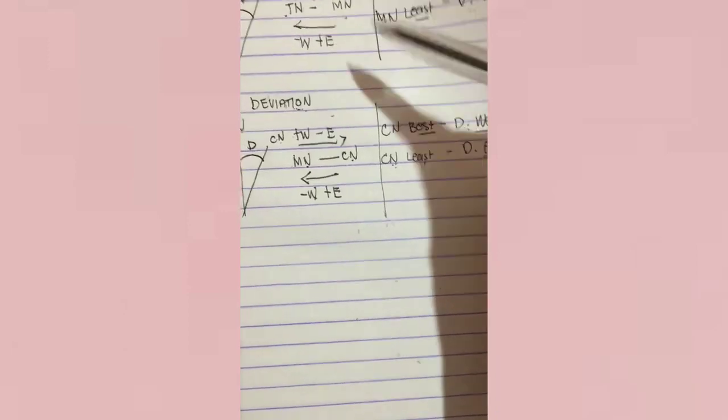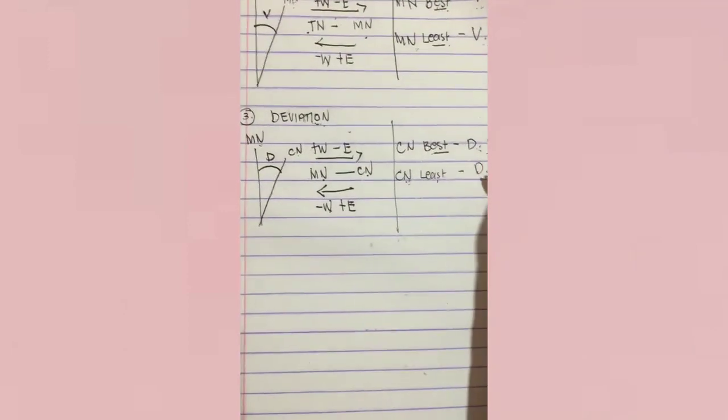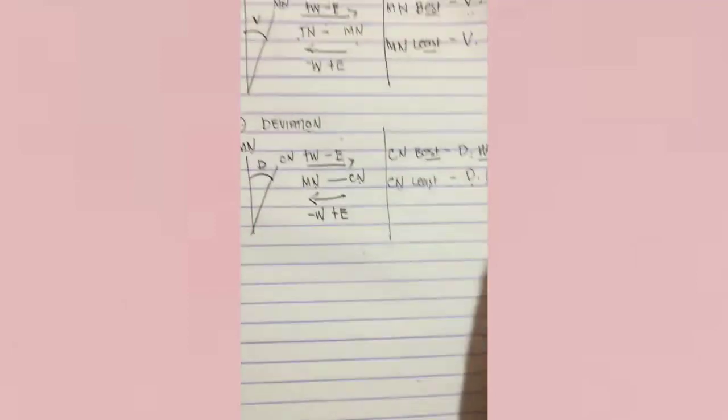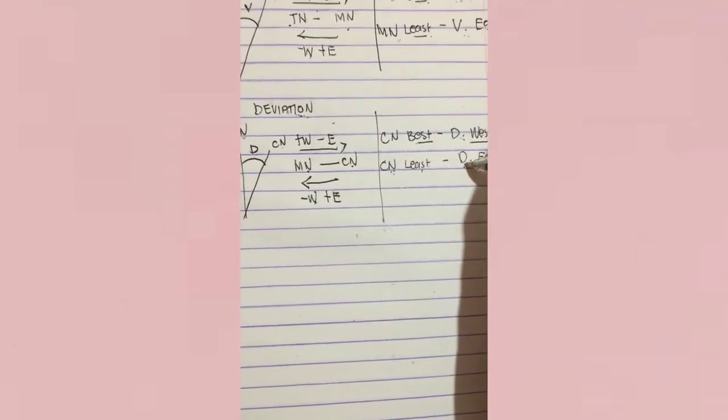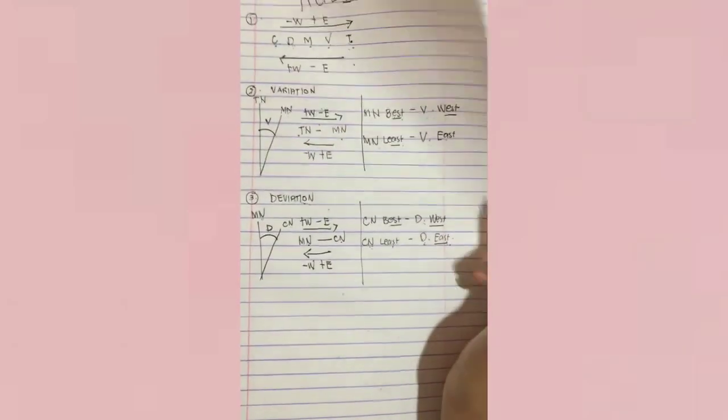And if the value of our compass north is least or lesser than the value of our magnetic north, it means that our deviation is east. So that is the third rule.